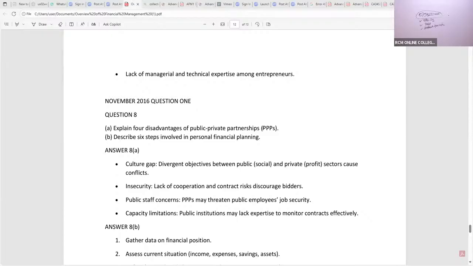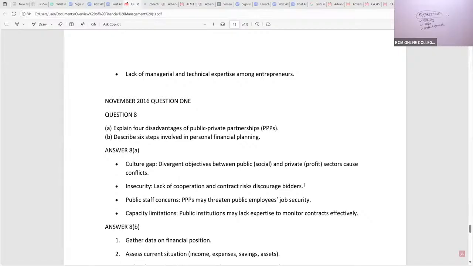Like in Kenya, when these public-private partnerships grew, some government employees said, hey, our jobs will now disappear. For example, if you're doing private roads for the public, how about the Ministry of Roads? So the culture gap: divergent objectives between public, which is social, and private, which is profit. Insecurity, lack of cooperation and contract risks discourage bidders.